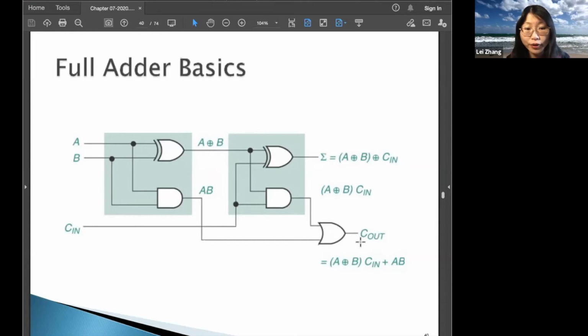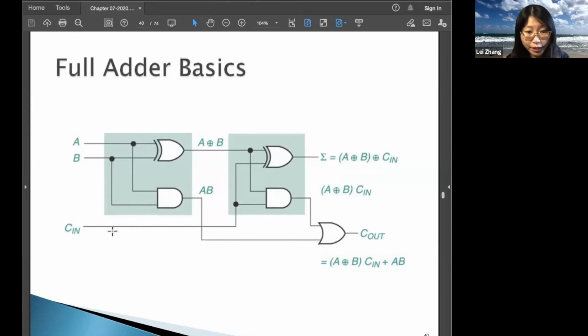Actually, it gives us 3 propagation delays, but here A XOR B generates the sum. For the sum bit, it will only have 2 gate logic delays. For the carry bit here, it will also have 2 delays.